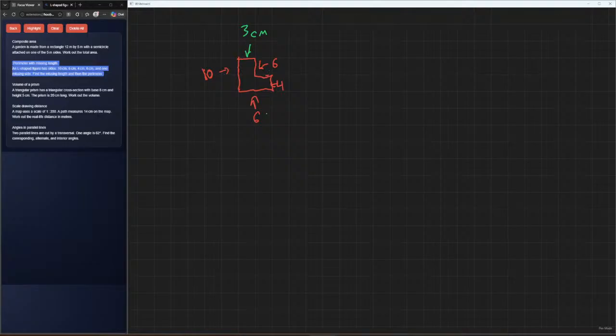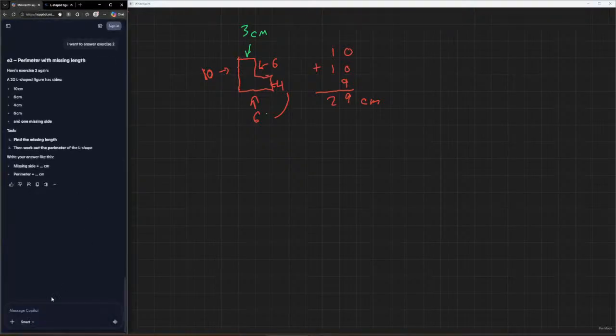And then the perimeter. So now we need to add 10 plus this 2 is 10. 6 plus 3 is 9. 29 centimeter. If I'm correct. Okay. It is 29 centimeter. The missing length.